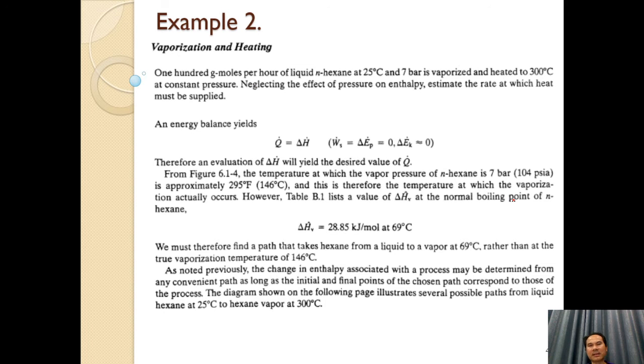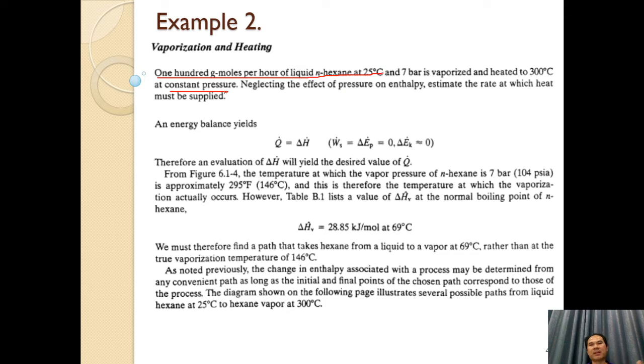For the second example, we talk about vaporization and heating. 100 gram mole per hour of liquid hexane at 25 degrees Celsius and 7 bar is vaporized and heated to 300 degrees Celsius at constant pressure.